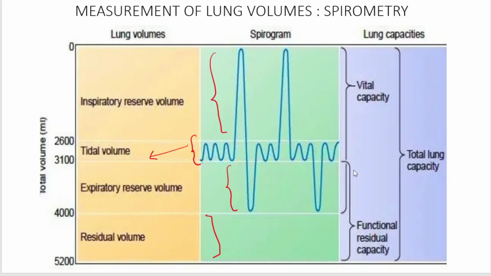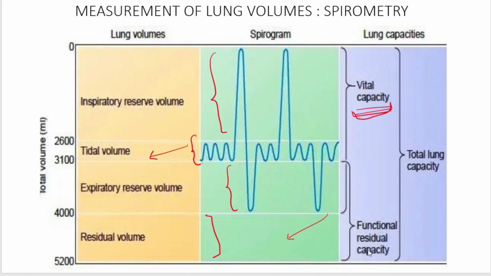Similarly, we can see the vital capacity is the total of inspiratory reserve volume plus tidal volume plus expiratory reserve volume. So vital capacity means how much air we can breathe in and breathe out at maximum. It leaves the residual volume inside the lungs only.